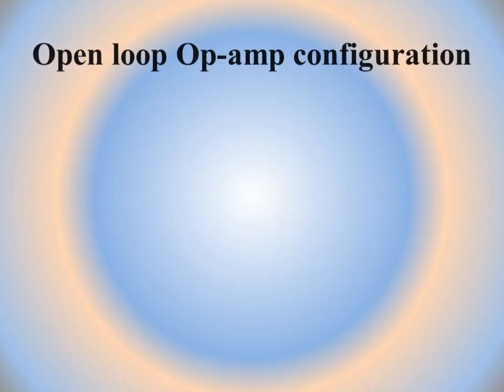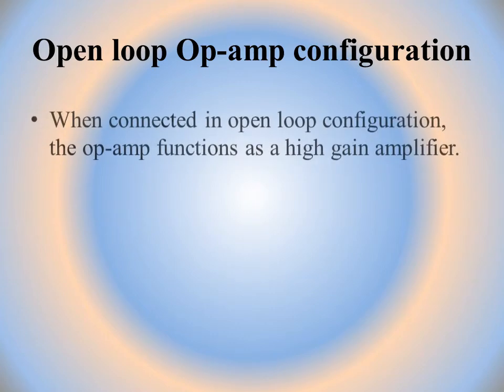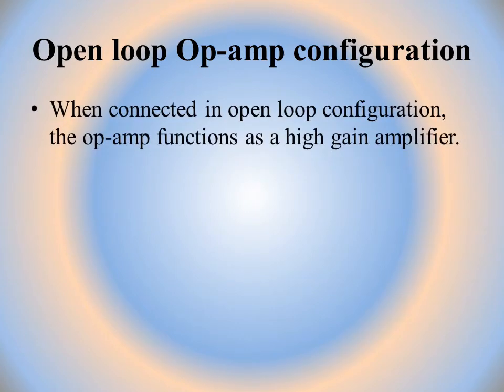Now we'll discuss the open loop op-amp configuration. When connected in open loop configuration, the op-amp functions as a high gain amplifier, because there is no restriction on the op-amp, and in the ideal case we say the gain is infinite.